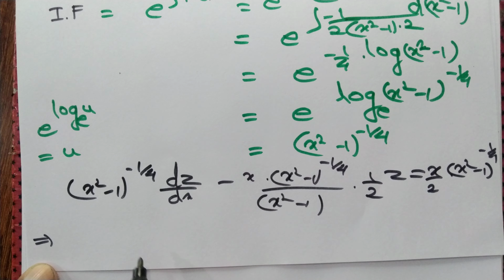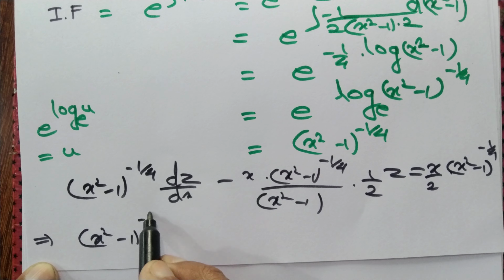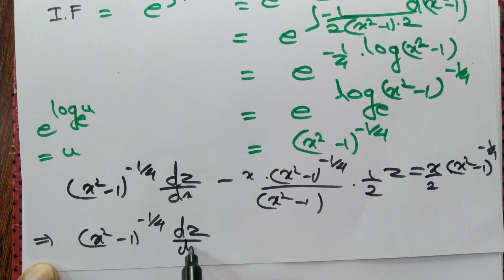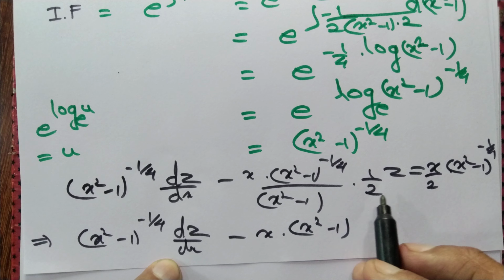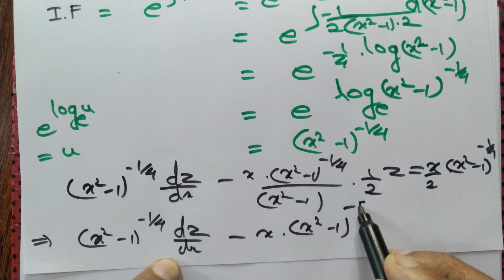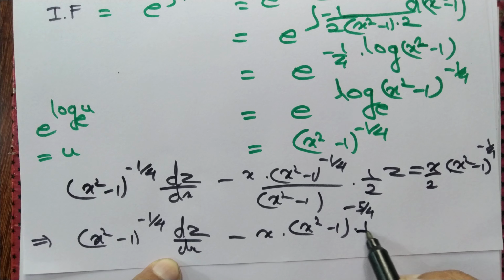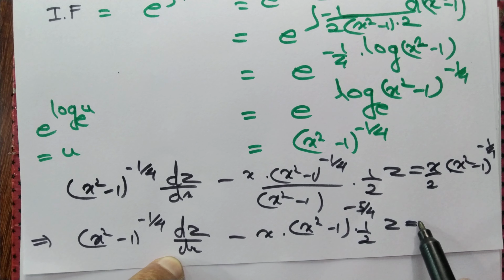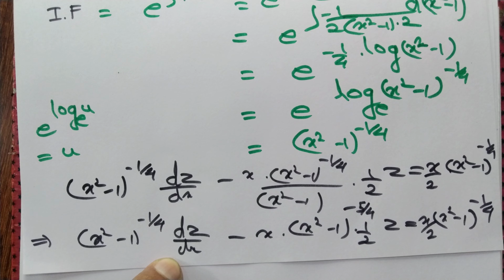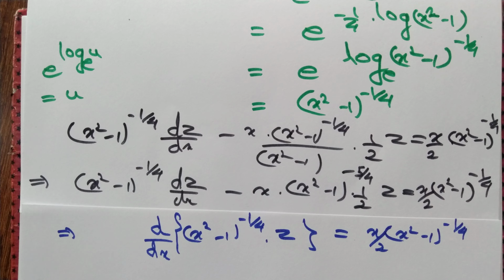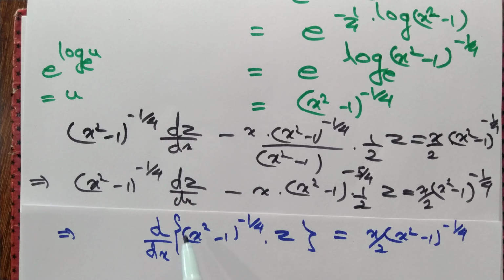This can be simplified a bit and written as x square minus 1 to the power minus 1/4 dz dx minus x times x square minus 1 to the power minus 5 by 4 times half z equal to x by 2 x square minus 1 to the power minus 1/4. The advantage of multiplying by the integrating factor is that the left hand side just turns out to be the derivative of something. In this case, that something is z times x square minus 1 to the power minus 1/4. In fact, it is z times the integrating factor.